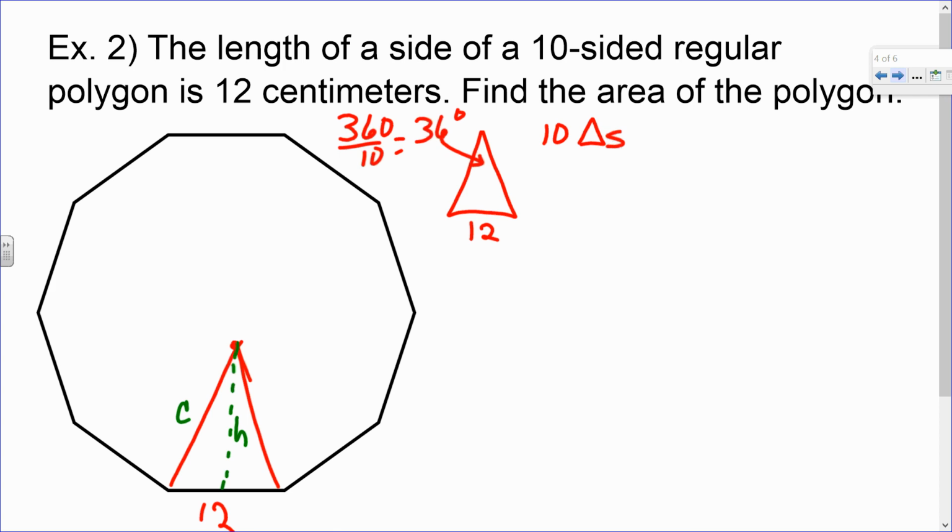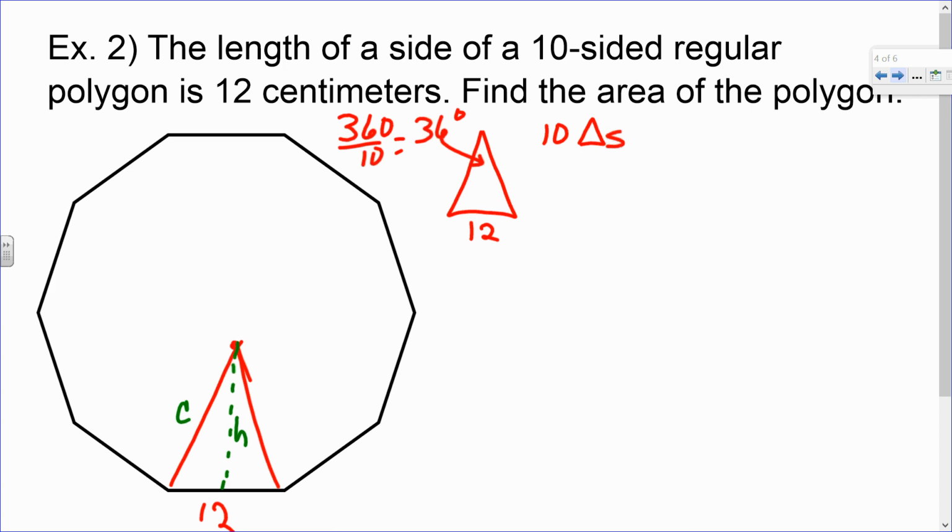So if I do 1/2 BH, I'm going to have 1/2 times 12 times this thing with one trig ratio. If I do 1/2 c times the sine of the angle in between, I'm going to have a trig ratio for c, right? So somehow there's going to be a trig ratio in there. And then there's also going to be sine 36 in here.